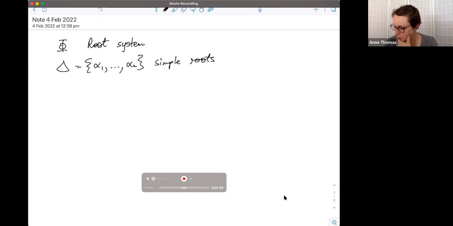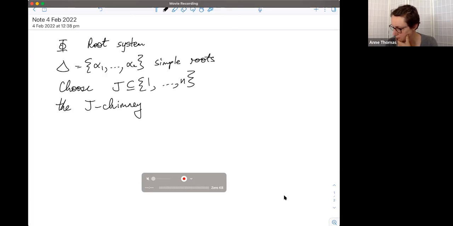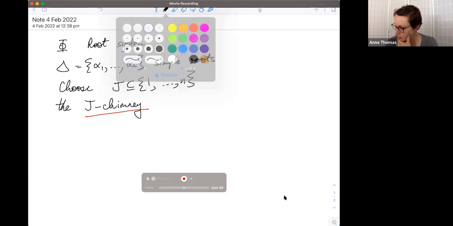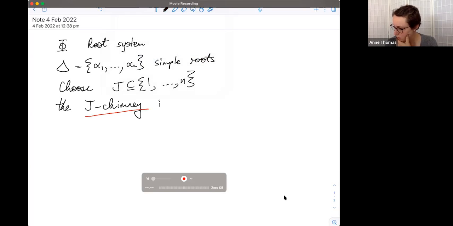If we choose some subset of the indexes of these, then we get what we call the J-chimney. Formally we defined it as a collection of half apartments. I'll explain which collection.